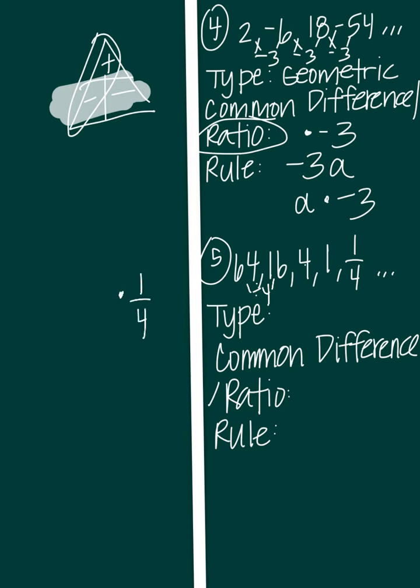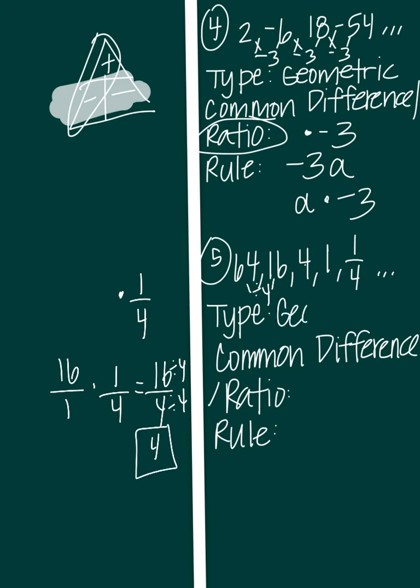Let's check that. Let's say we look at 16. So we know whole numbers are over 1, times 1/4. That gives me 16 over 4, which does reduce to the whole number of 4 over 1, or just 4. So it's geometric.